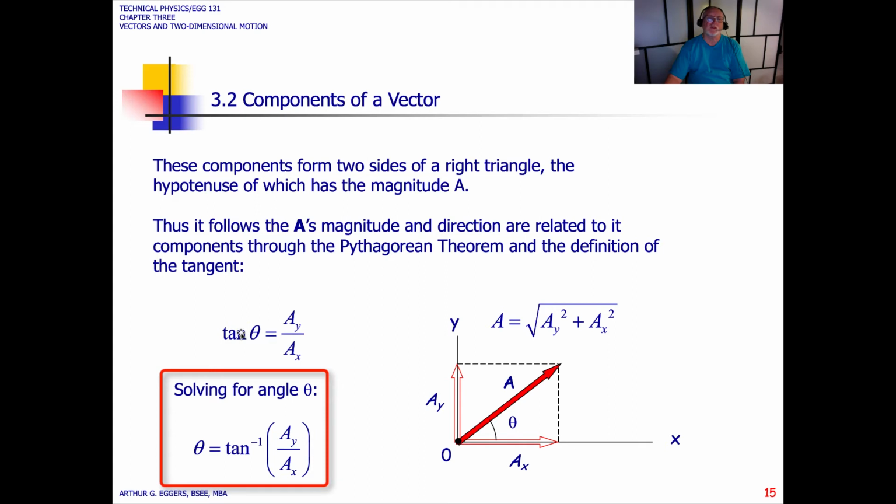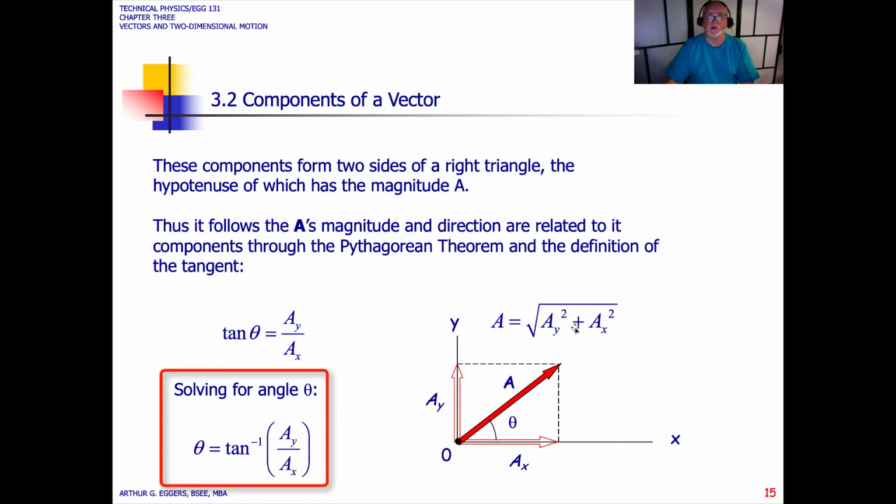If we take the inverse tangent of both sides of the relationship, the inverse tangent of tangent theta gives theta, and the inverse tangent of a sub y over a sub x gives tan to the minus 1 multiplied times the quotient a sub y over a sub x.